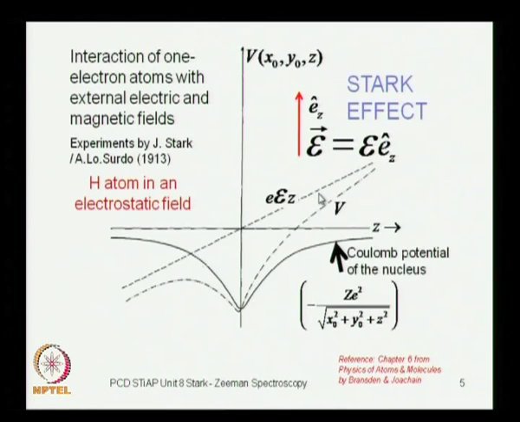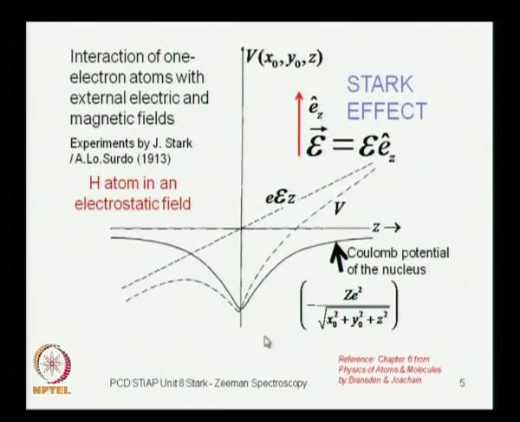If you plot the potential seen by the electron, it is the Coulomb potential, -1/r, but I am plotting it as a function of z for a given value of x equal to x0 and y equal to y0, which are finite.